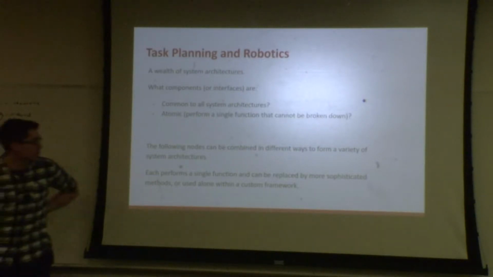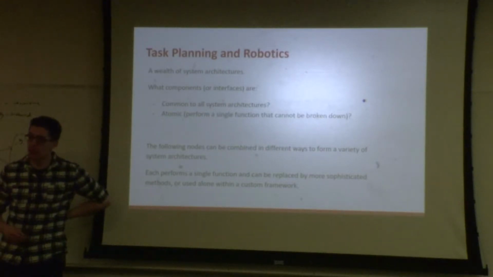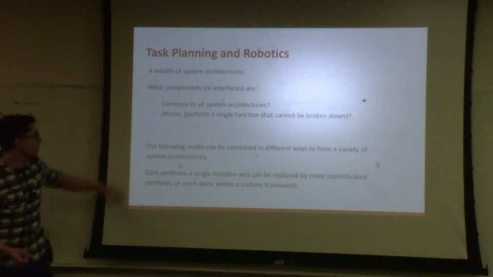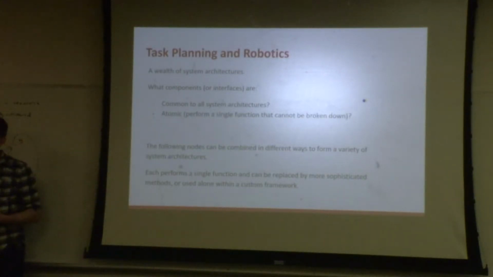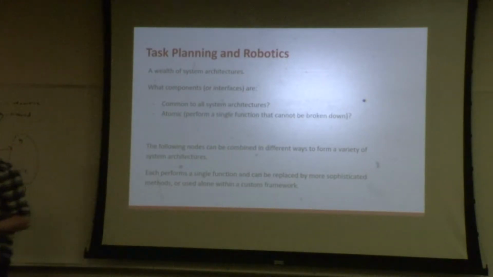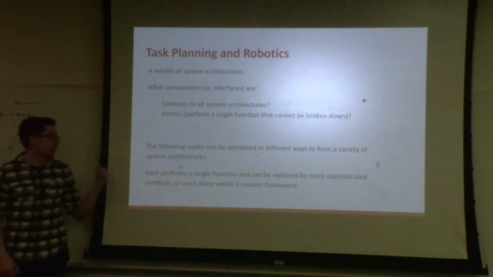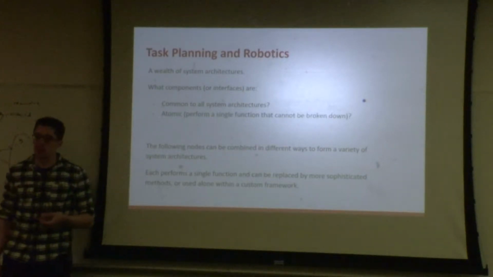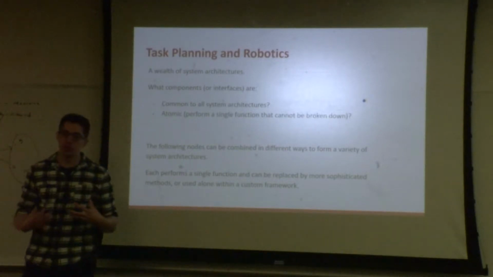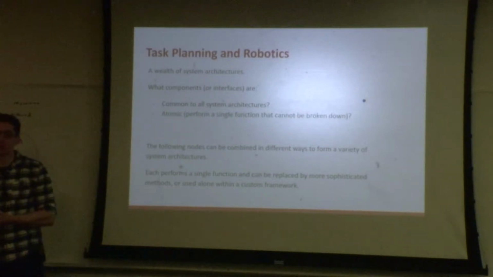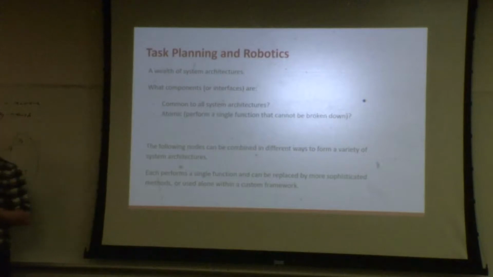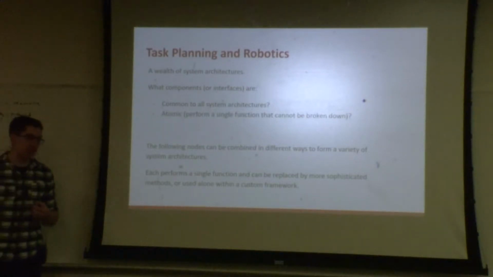So I'm going to cover 5 of the nodes of ROSPlan, the 5 which I think are the common ones. There are a few more which we made just for our own use. They can be combined in a variety of different system architectures. I'll show you a demo which is a simple replanning loop, which can be used with this stage simulation for the robot to navigate around.